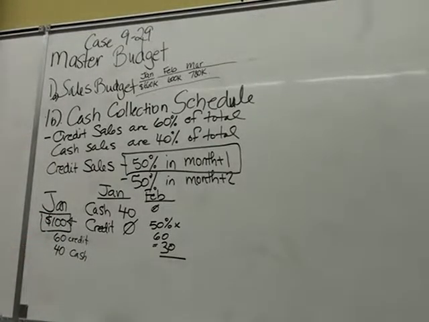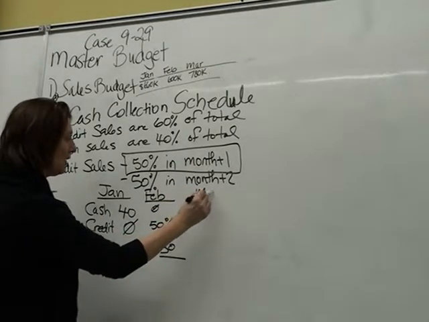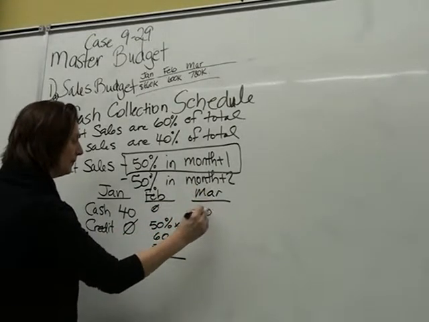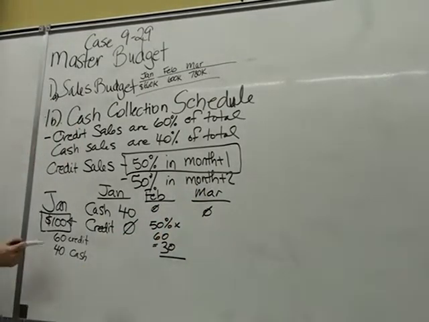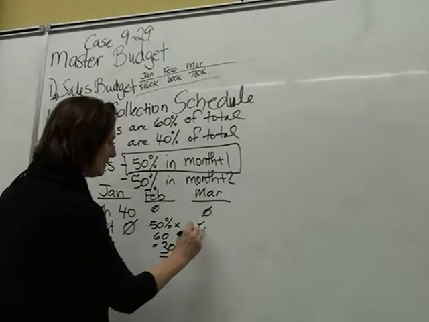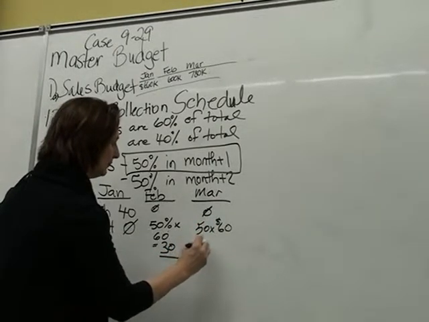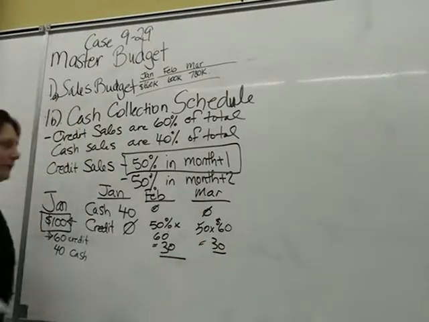It gets more complicated because in February you're going to sell some too, right? But we're not going to introduce that yet. So for this $100, you're not collecting any of the cash in February or March, but you're going to collect 50% of the credit sales in February and 50% in March.